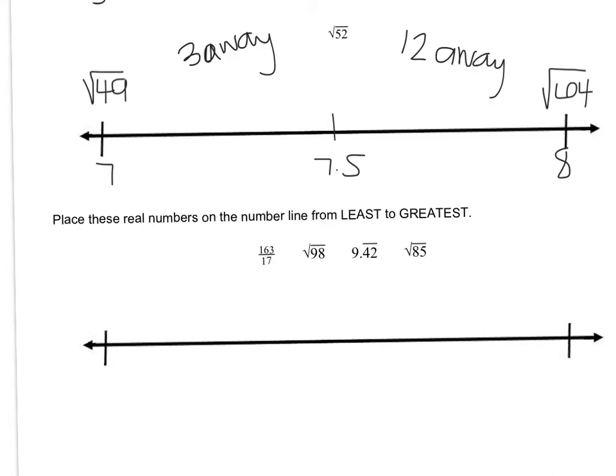It is very clear that the square root of 52 is going to be closer to the square root of 49, which is 7. We are not going to put our point on 7, though, because we're still 3 away, but we're pretty darn close. We're right about there.